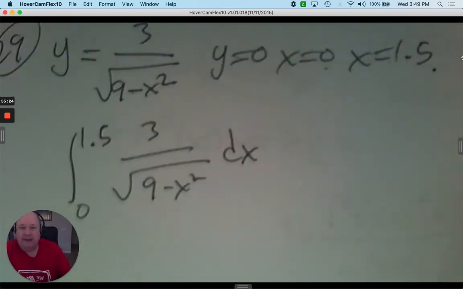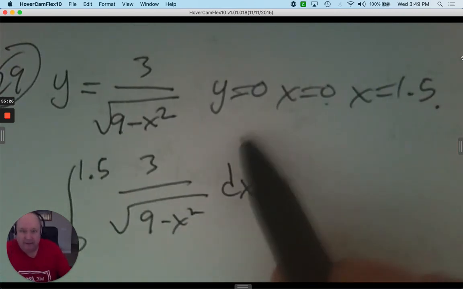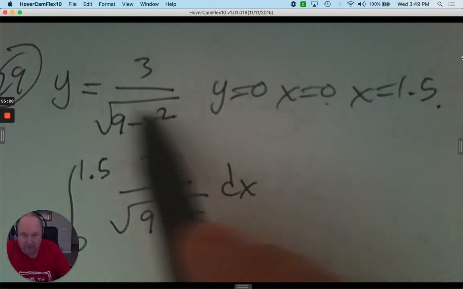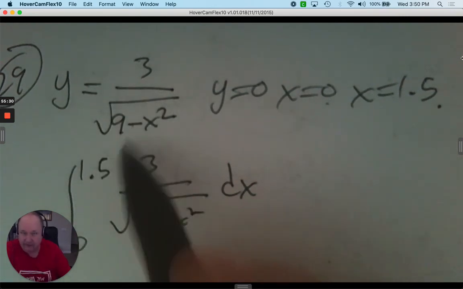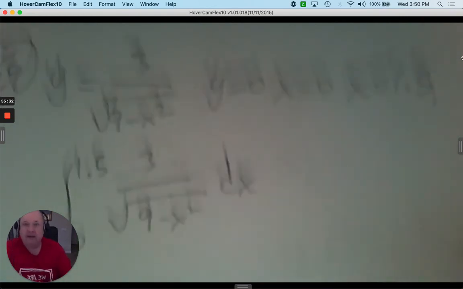To find the area there, if I would graph this from 0 to 1.5, all these values would be above the x-axis. I'm not going to find the exact value of them.